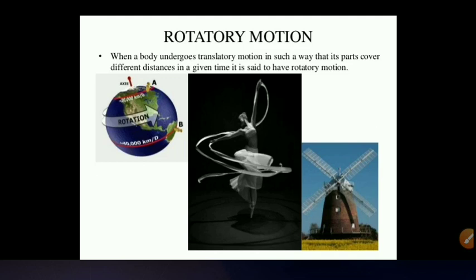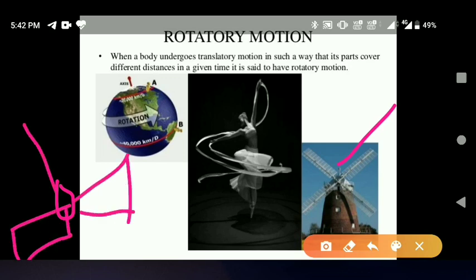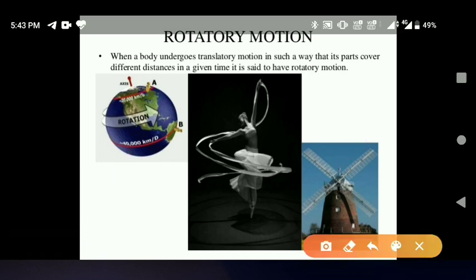Some examples are the movement of the blades of a fan and a windmill. Windmill and movement of the fan, these are all examples of rotatory motion. Spinning of a top is also an example of rotatory motion. So here we can see a windmill.